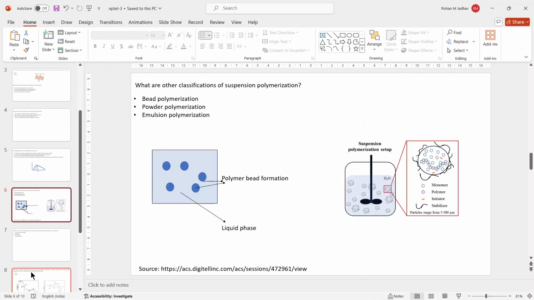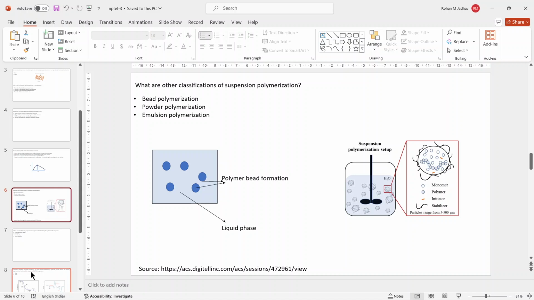Next one we have: what are the other classifications of suspension polymerization? Now, what happens in suspension polymerization, as the name suggests, is that we are creating a suspension of the formed polymer. How do we do that? We mechanically produce agitation, either through an impeller or any kind of mixer, which will mix the monomers, usually in the liquid phase.